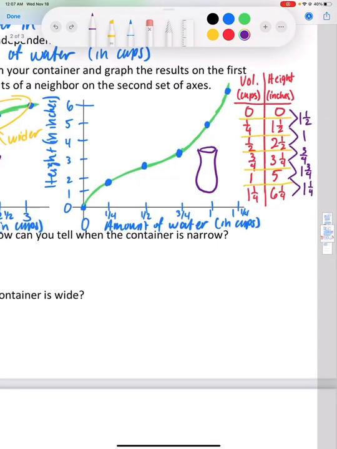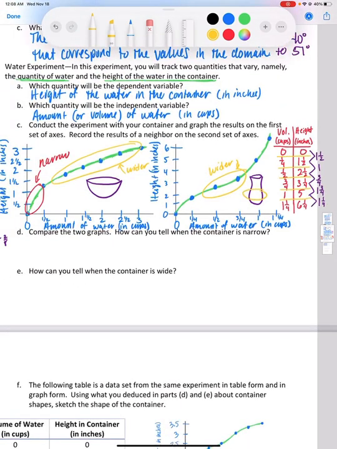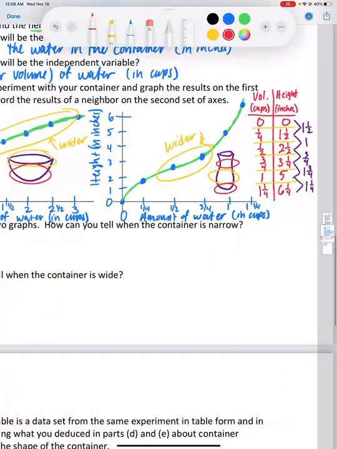Okay, notice that is a little bit wide at the bottom. Okay, so here's our wider, less steep part right here. Okay, it's wider up here for mine. Narrow is right here. Narrow is right here. And right here for this one.